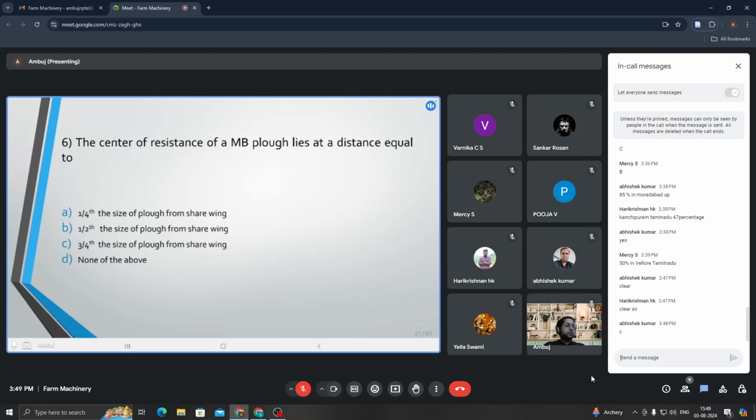Please do give your opinions. Free hand. Maybe it is correct, incorrect, but do participate. Three people have said C, 3/4 the size of plow from share wing.